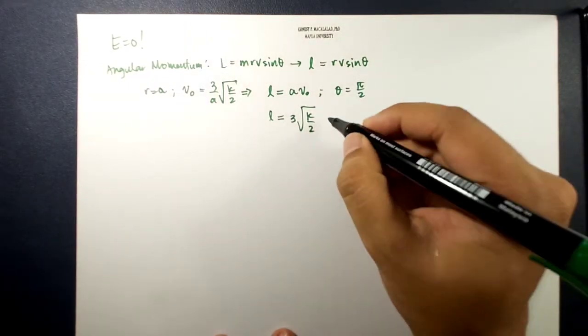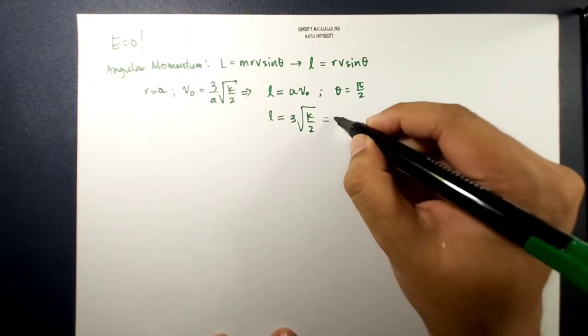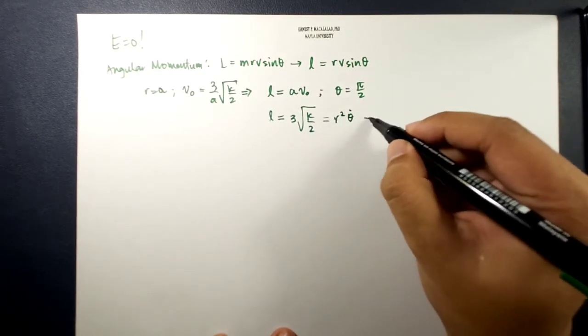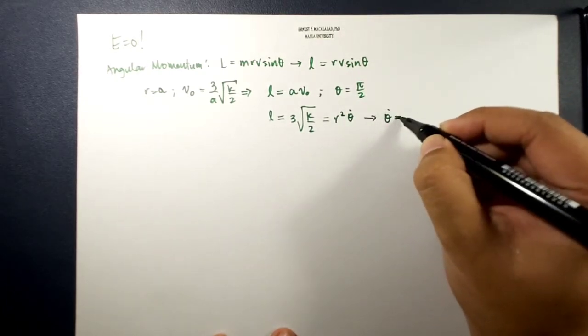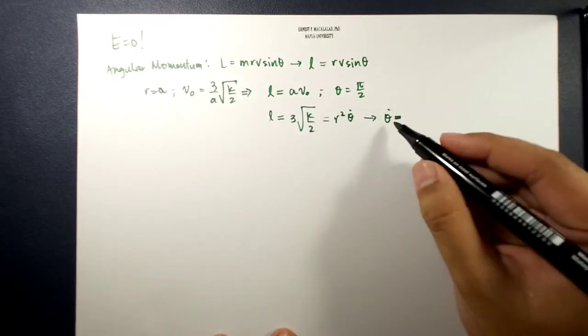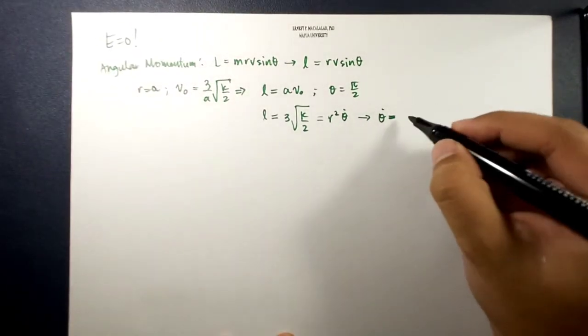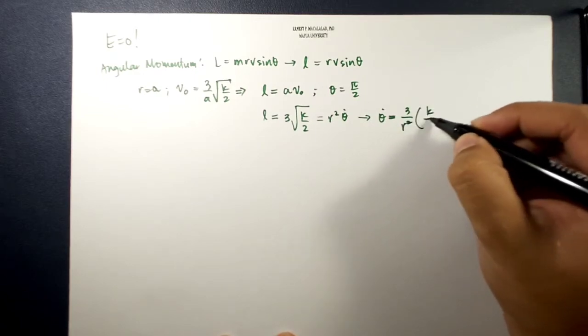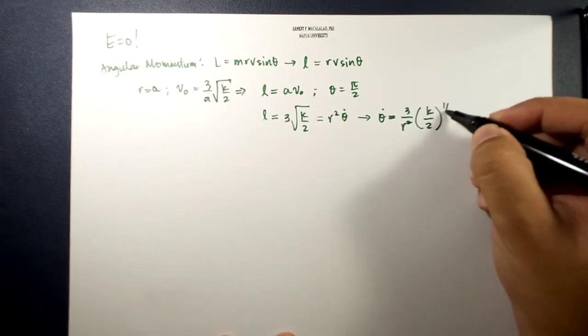And we know that L is equal to r squared theta dot, so that means theta dot is equal to 3 over r squared times k over 2 to the 1/2.